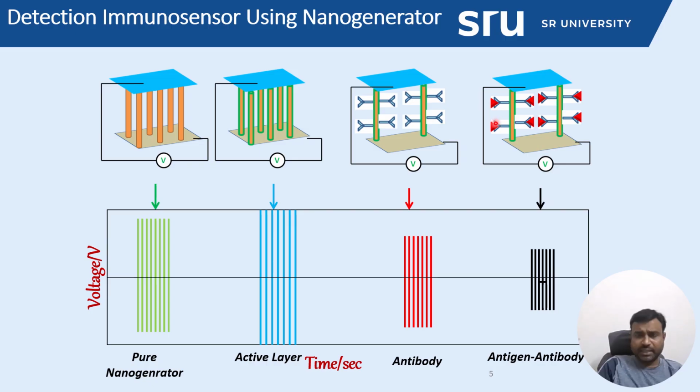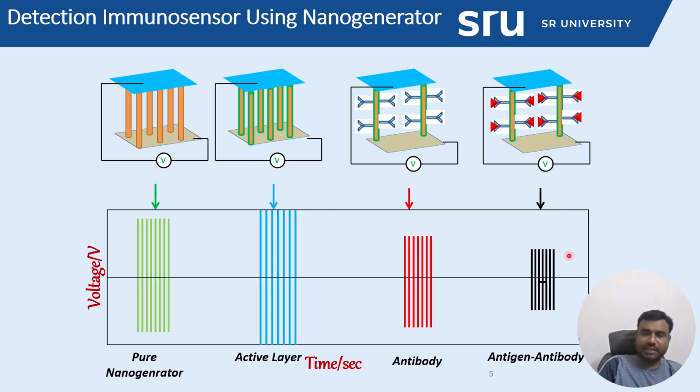Based on this interaction, for example, for assumption, here we are attaching 10 antibodies. We allow only 5 antigens, so the electrical signal has some particular intensity. Suppose we allow 10 antigens, what will happen? It further reduces the voltage output of this nanogenerator device.